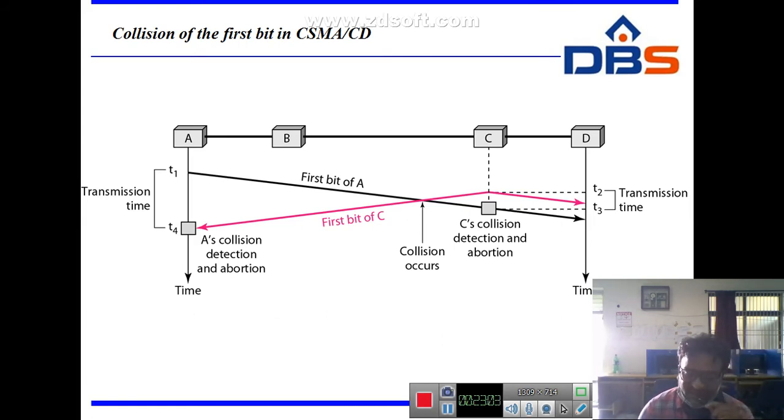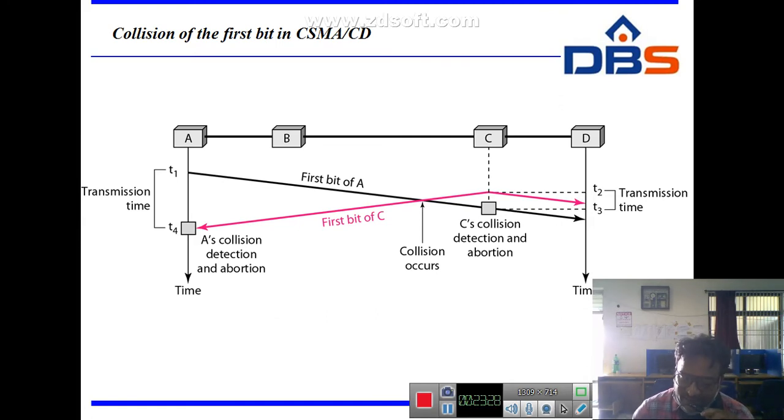Based on that procedure, whatever amount of information we lose at the destination, that information will be transmitted again through a channel from the source. That is done in CSMA/CD, carrier sense multiple access with collision detection.